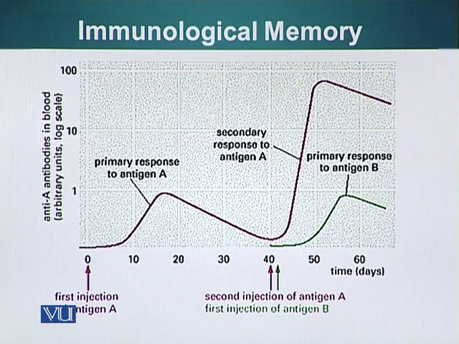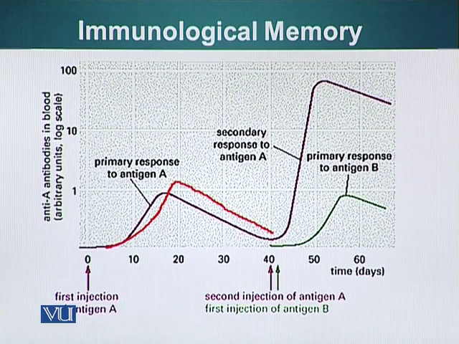It shows the first exposure of the animal to antigen A. The immune response rises sharply, and then the decline is more gradual. At another point in time, after 40 days, this animal is again given antigen A and also antigen B at the same time.